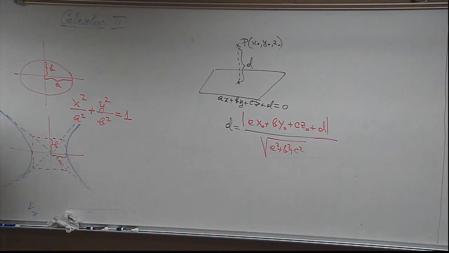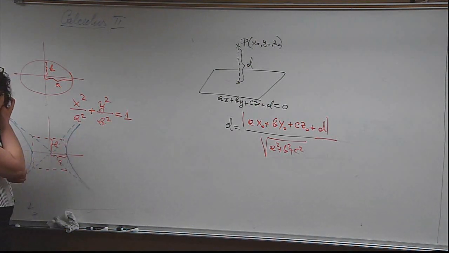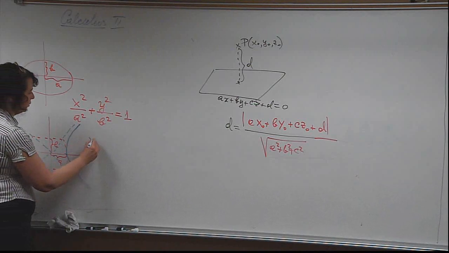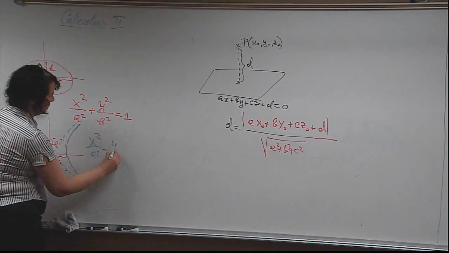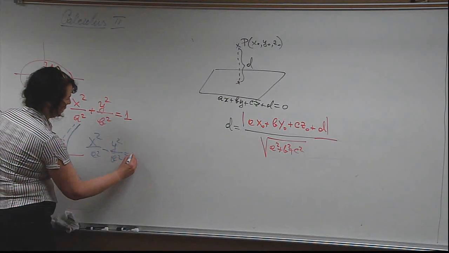What is this animal? The standard hyperbola. The equation is what? x squared over a squared minus y squared over b squared equals 1.